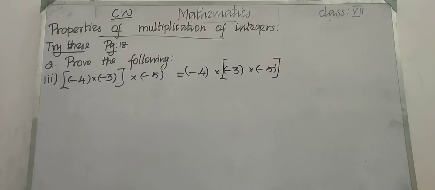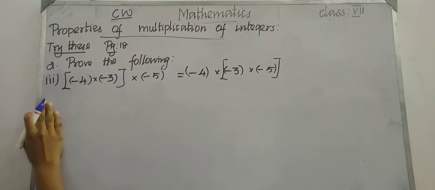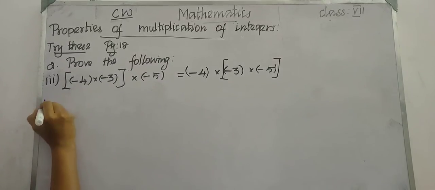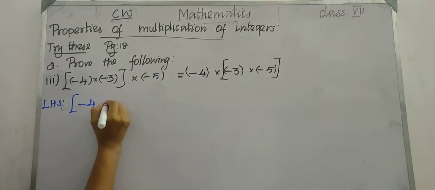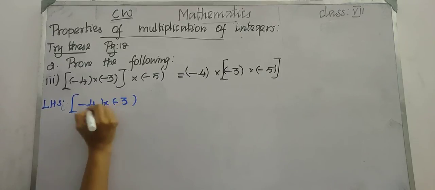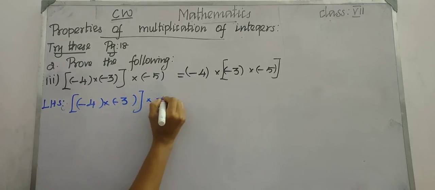Write the third one: (minus 4 into minus 3) into minus 5. First of all, let us solve the LHS, left hand side. LHS equals (minus 4 into minus 3) into minus 5.